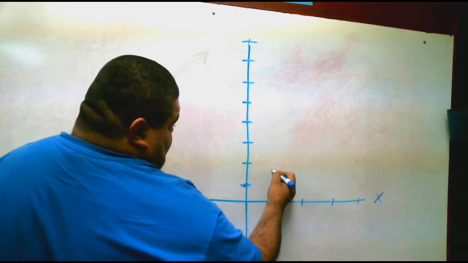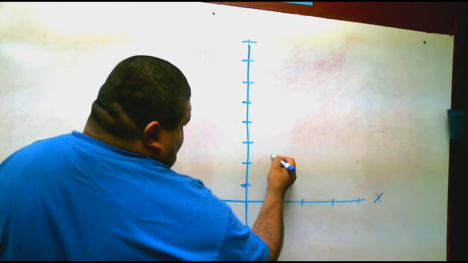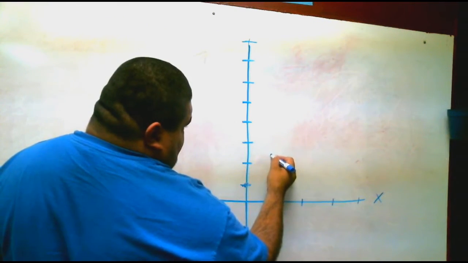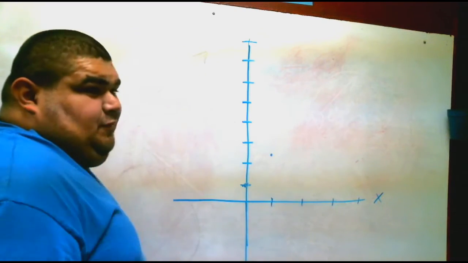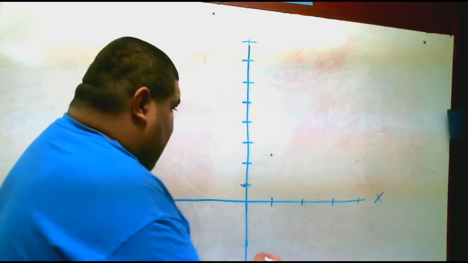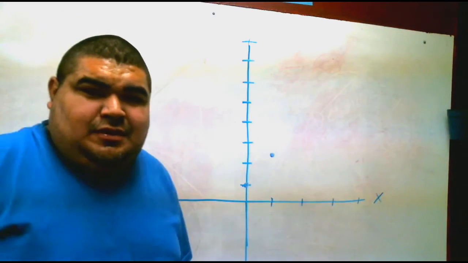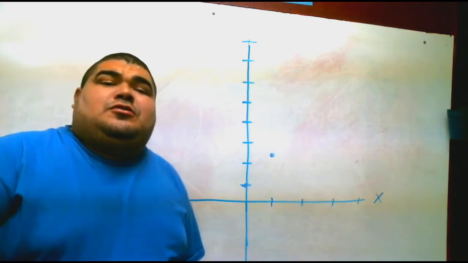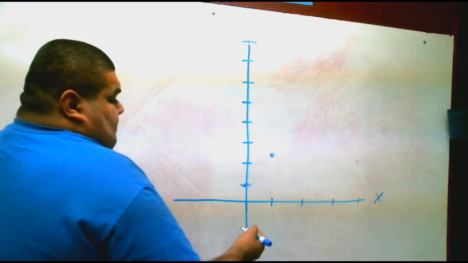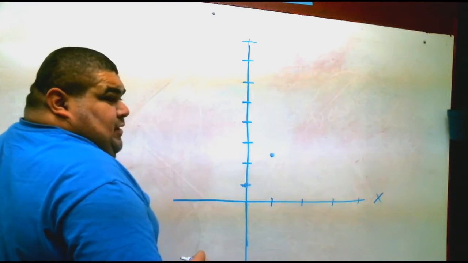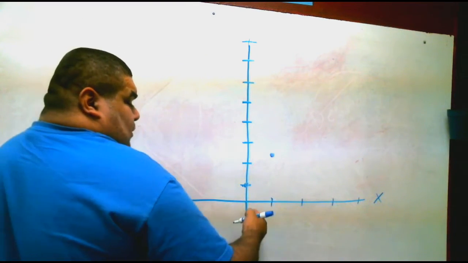So we have 2, 4, and then halfway is 5. So a little over half is 5.44. Okay? So almost in between 4 and 6. Okay? It's just a little closer to 6 than 4. That's our second point.